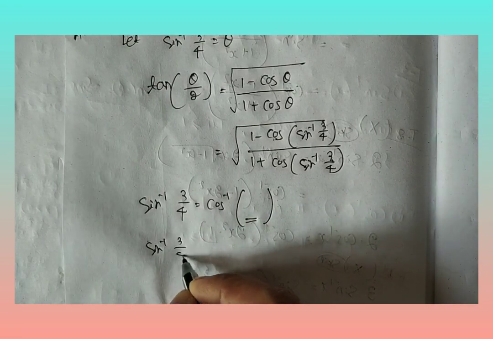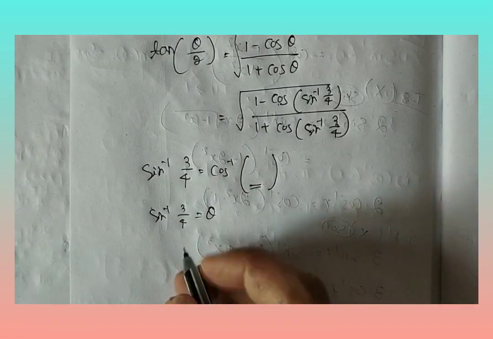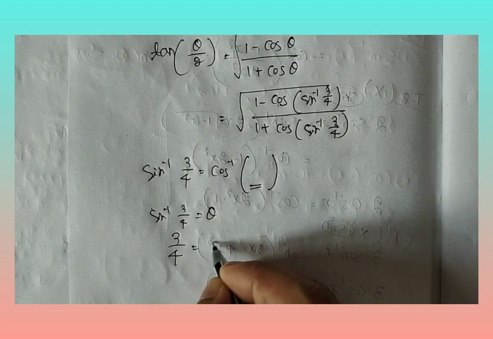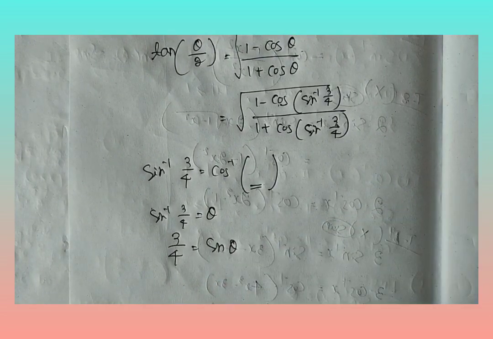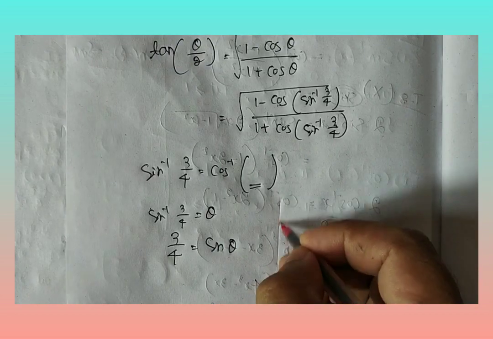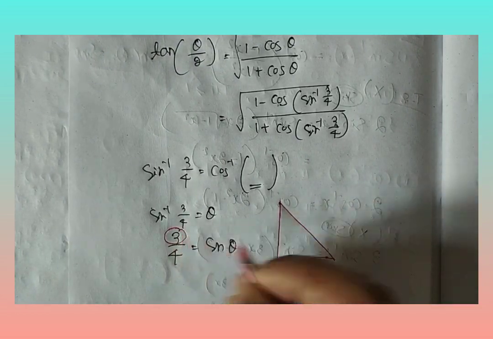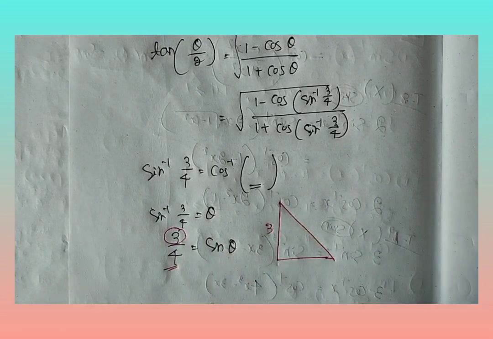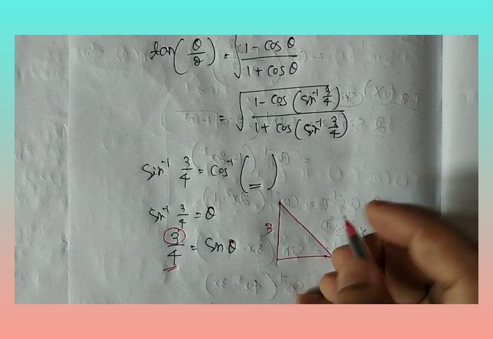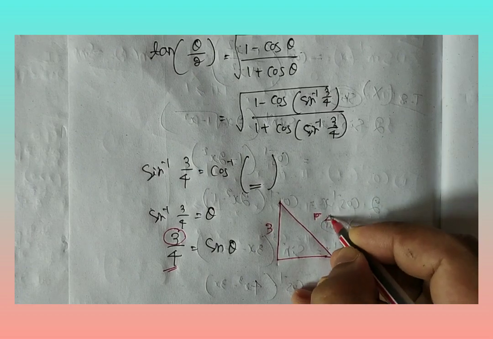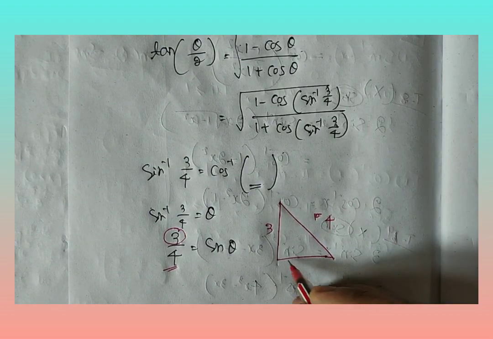Sine inverse 3 by 4 equals theta, so 3 by 4 equals sine theta. It is based on a right angle triangle. This is the perpendicular, this is the hypotenuse. And what is the base?